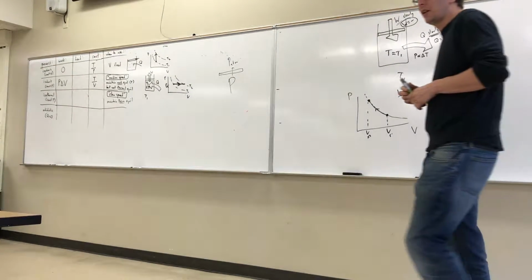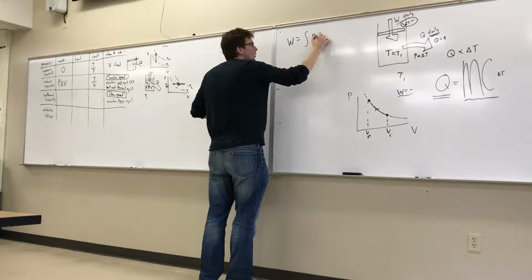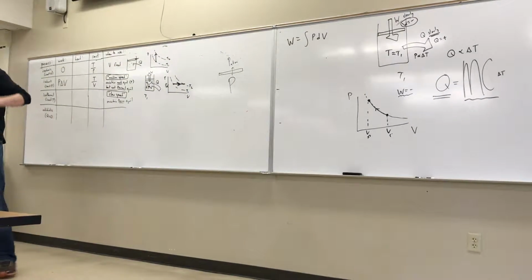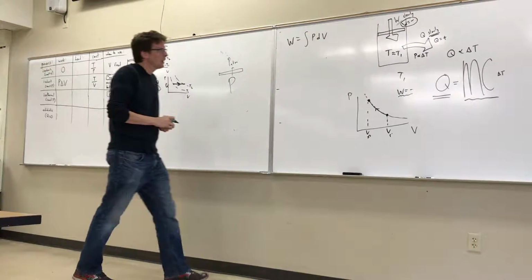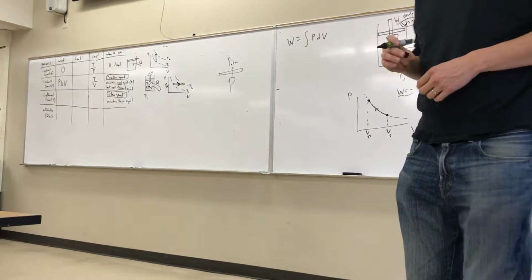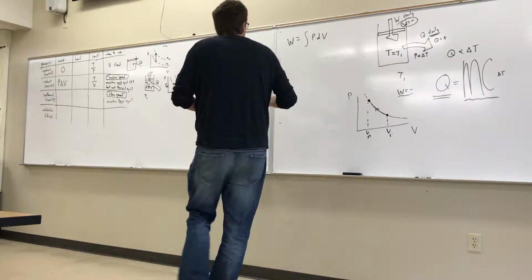So first let's find the area under the curve. So this is our formula for doing so. And now we do have to do a proper integration because this is an area that is under a curved shape.